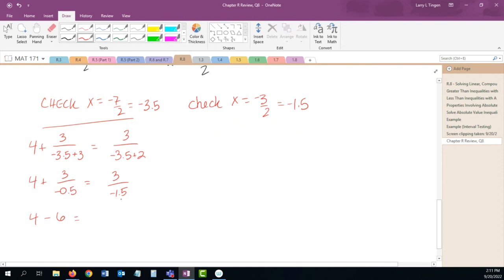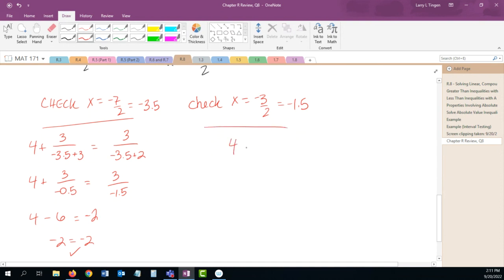And then on the right, 3 divided by 1.5 is what? 2. And it's positive divided by negative, which is negative. 4 minus 6 is -2, which means -2 is -2. That's true. So this is a solution.